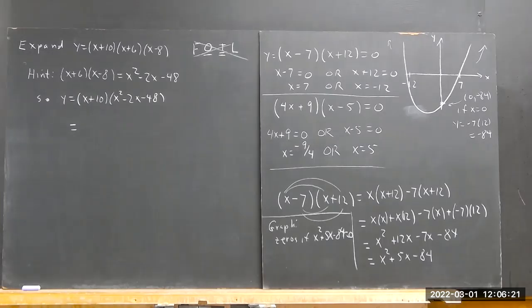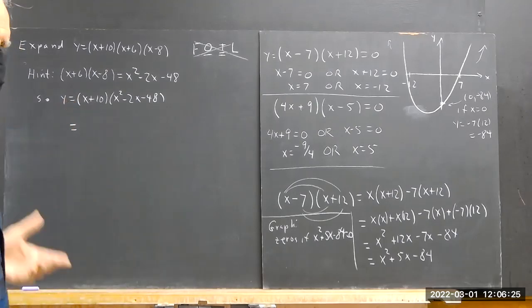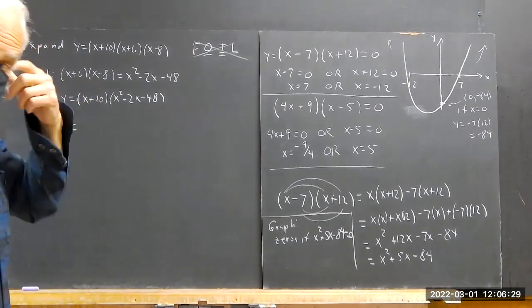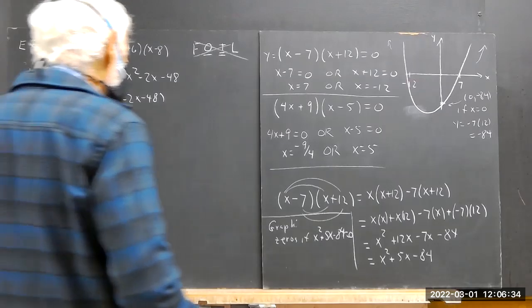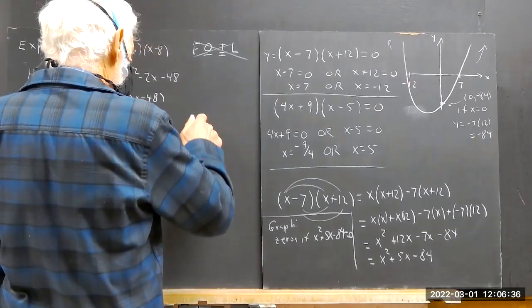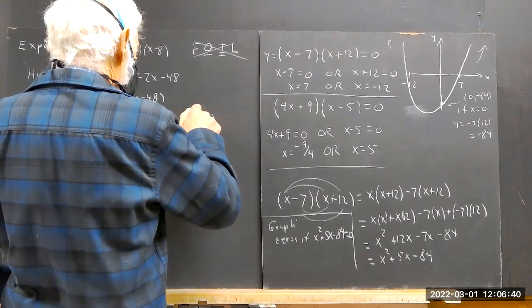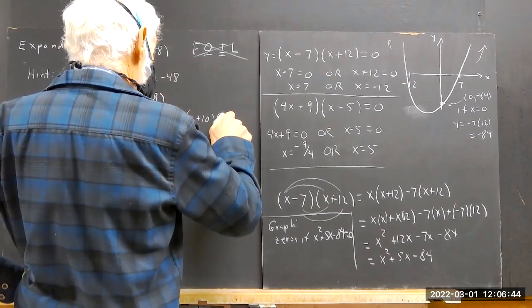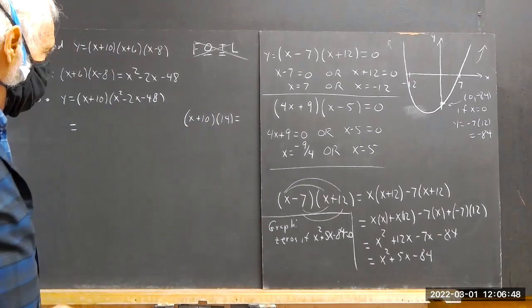Okay, let's be sure everybody's got this now. Let me ask you this before I go on. Just want to be sure everybody understands this, okay? Start out with x plus 10 times 14.